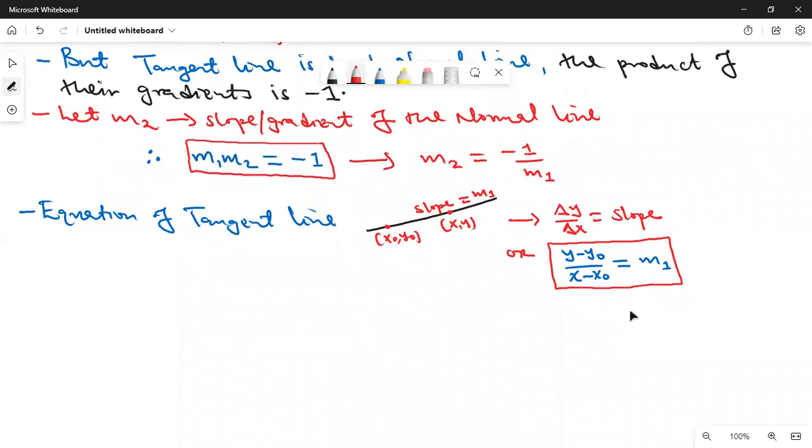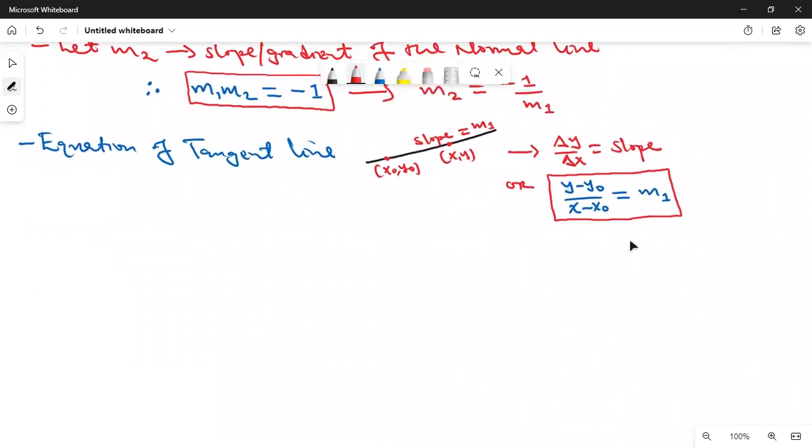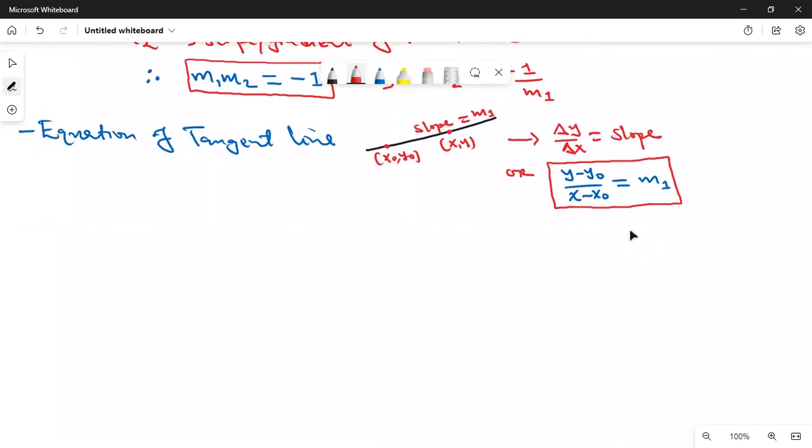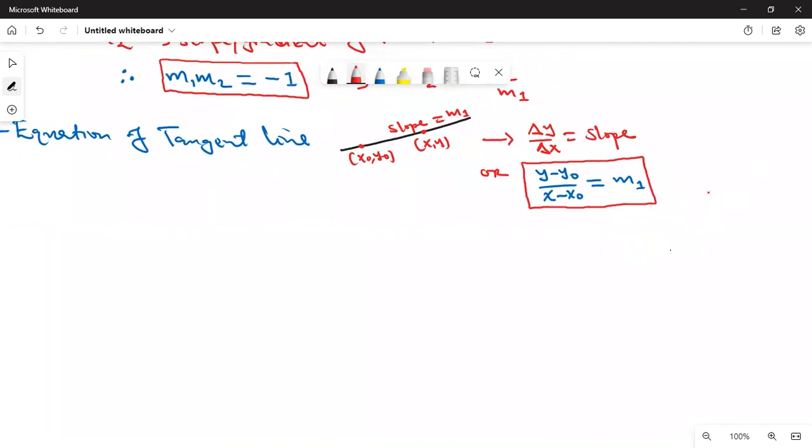Remember, you could write the equation in the form of y is equal to mx plus c when you make y the subject. So this could also be written as, let me make y the subject. You can also write this as y is equal to m1 times x minus x naught plus y naught, which can give you y is equal to m1x plus y naught minus m1 x naught.